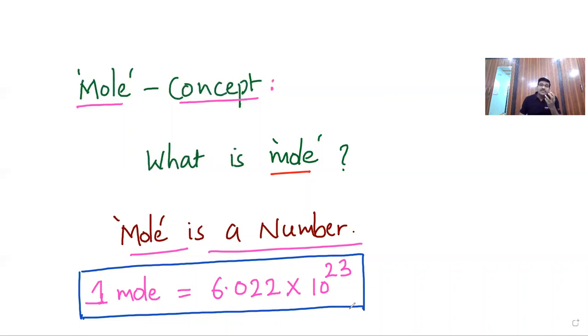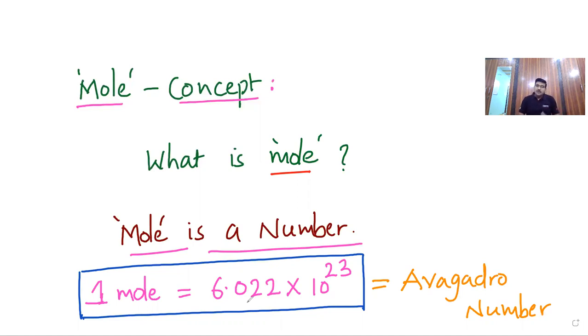So many units, so much quantity, so many numbers is equal to 1. And this so-called number is known as Avogadro number. This quantity is known as Avogadro's number.